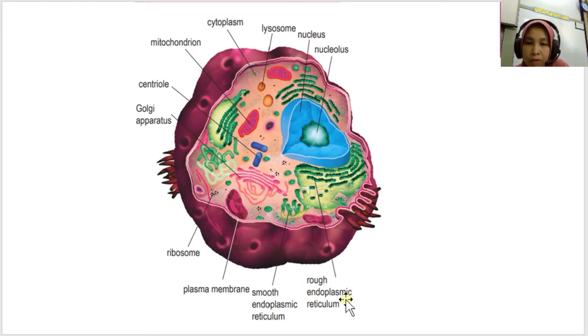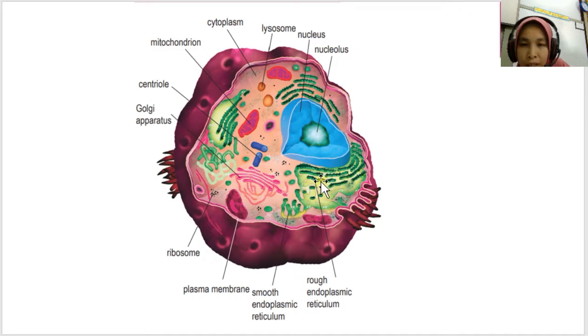Then this one is the smooth endoplasmic reticulum.